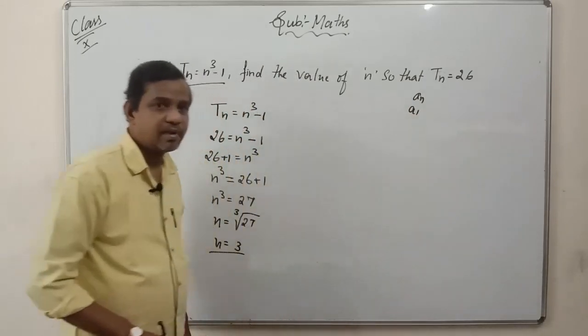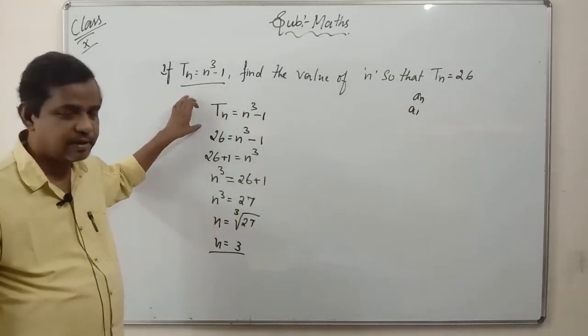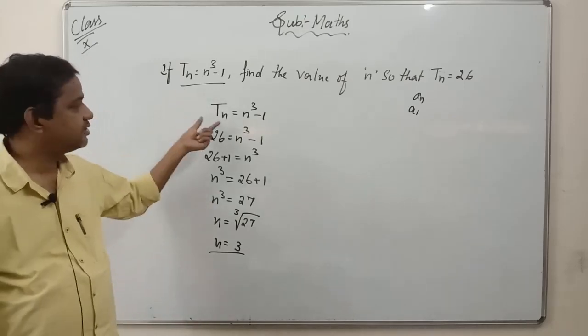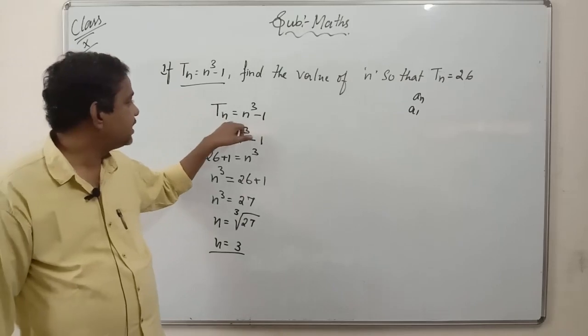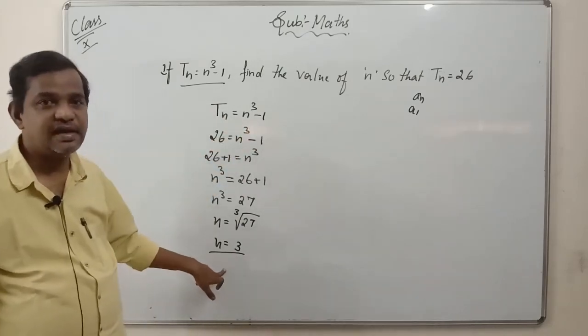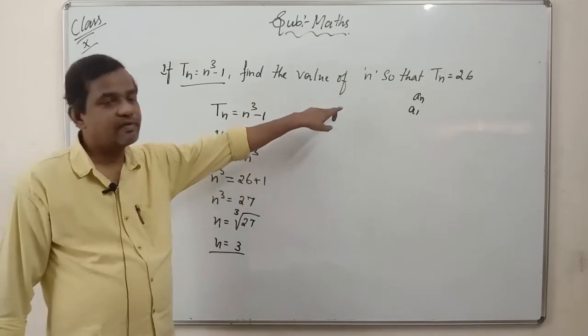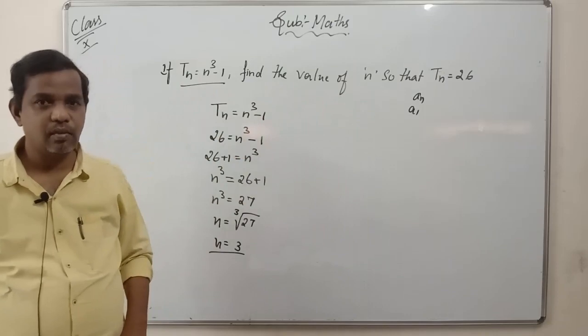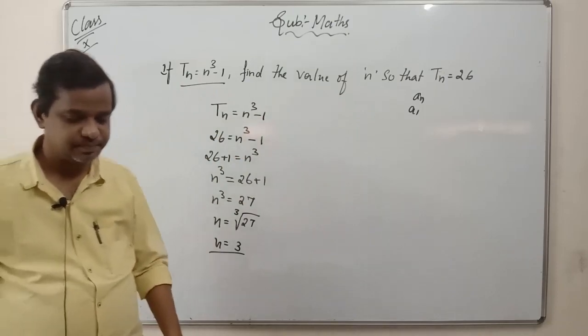For my convenience I am taking Tn. I told you already, because T represents the term, it will be easy for you to follow. So Tn equals n cube minus 1. So at last you will get the value of n is 3. Okay, copy.